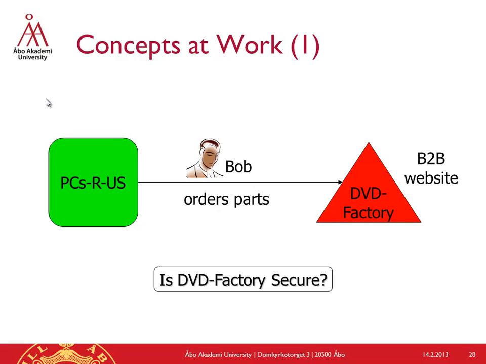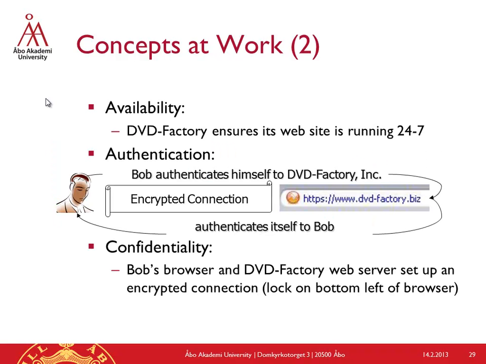We have to think what the problem might be. First, is DVD Factory a real company? Is their website correct or authenticated? DVD Factory has to think if we are authenticated and so on. So let's see it in more detail.